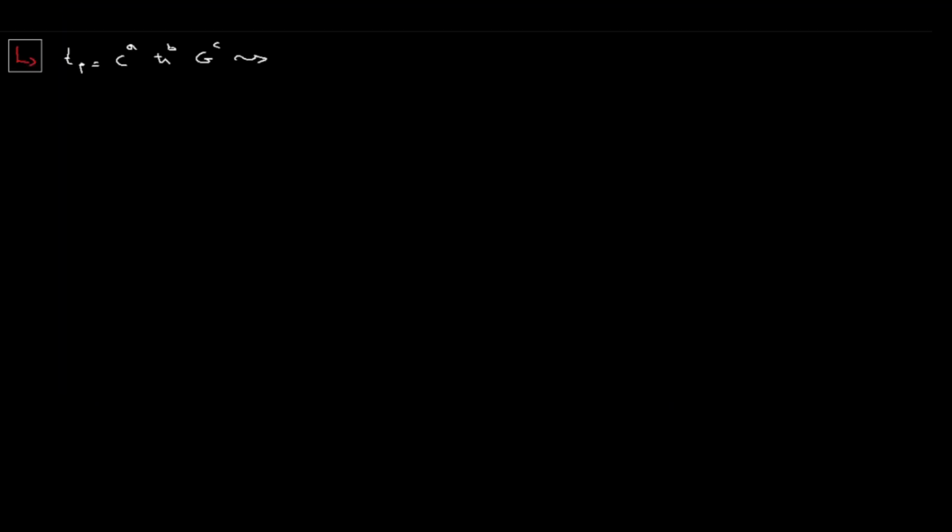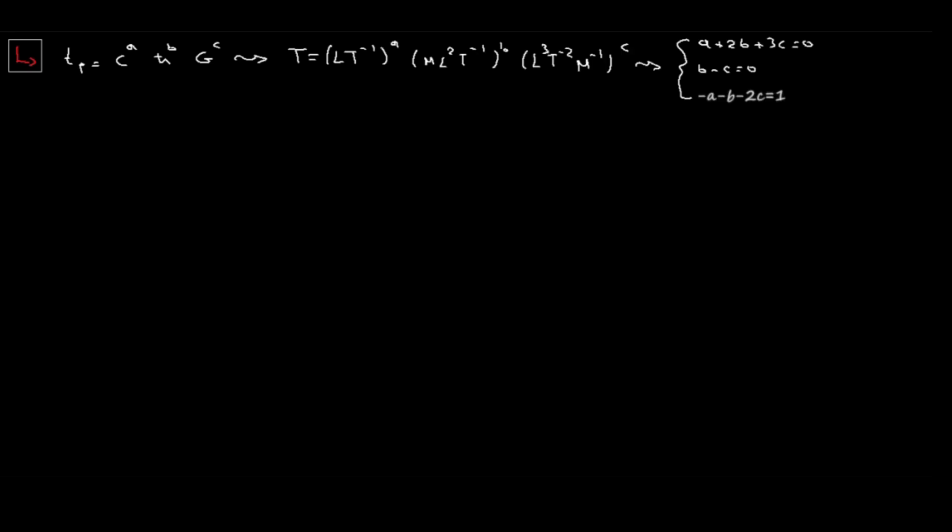Now let's attempt to derive the Planck time. The general form of our equation will be exactly the same, although now, since we want to find the Planck time, the left-hand side of our equation will have dimensions of time instead of length. Again, by substituting the dimensions of our fundamental constants, doing the algebra and rearranging the terms, we get the system of linear equations to solve.